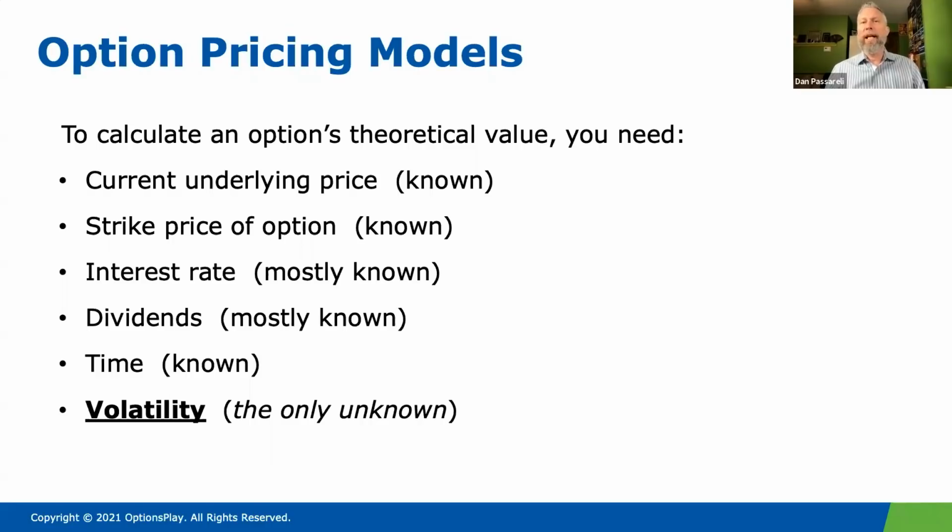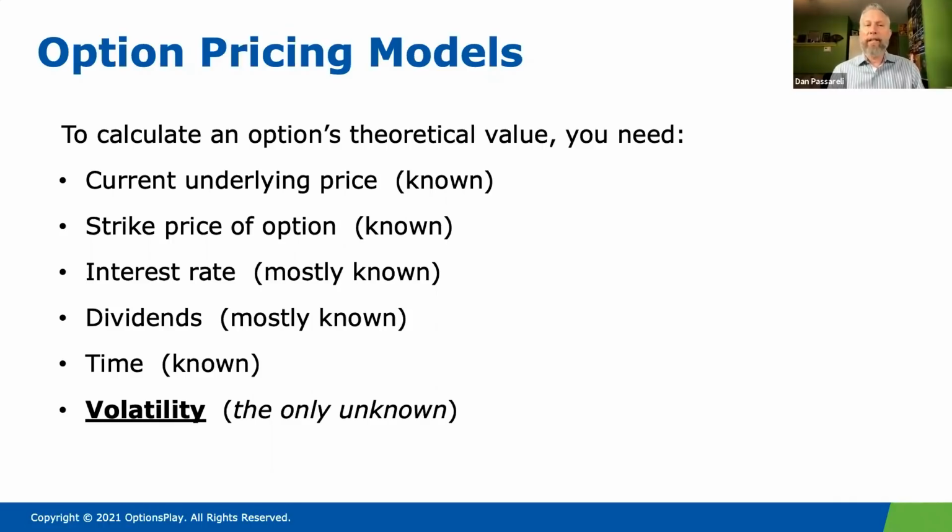The interest rate doesn't change that drastically, especially on shorter term options, to make much of a difference at all. We just set it to pretty much close to 0 these days. The future expected dividend stream, which we can pretty much take a good stab at most of the time. Sometimes you get surprises, but we can usually forecast out what that is. The amount of time until expiration, which of course we know, it tells us right there on our trading platform.